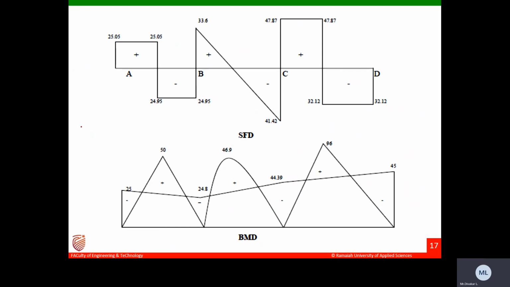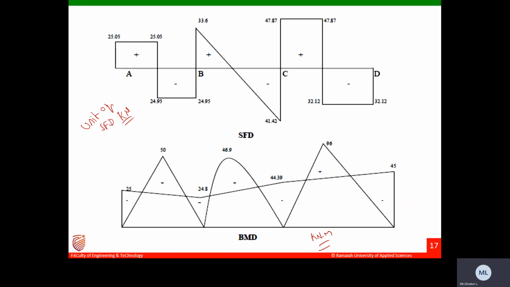All units of the SFD are in kilonewtons, so the dimensions are in kilonewtons. The BMD dimensions are in kilonewton meters.